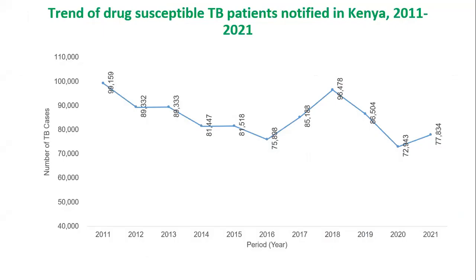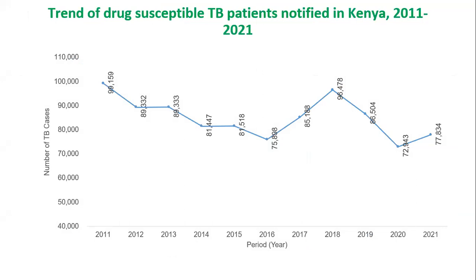So this is the trend of TB case finding from 2011 to 2021. Before the prevalence survey was done, we thought that we were actually achieving the target of eliminating TB, because we were seeing a reducing trend of TB case finding.